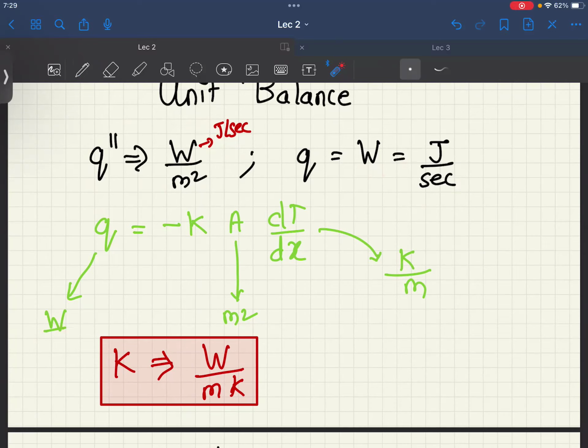Right? Now we know that the heat transfer is given by Q equals minus K into area into dT by dx. तो Q का यूनिट है W, K का यूनिट we don't know, एरिया का यूनिट है मीटर स्क्वायर, और dT by dx इज नथिंग बट टेम्परेचर ग्रेडियंट, तो इसका रहेगा केल्विन पर मीटर.